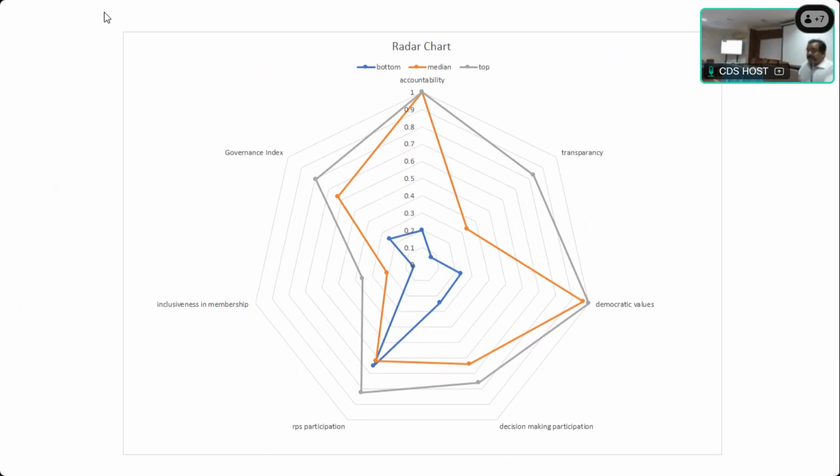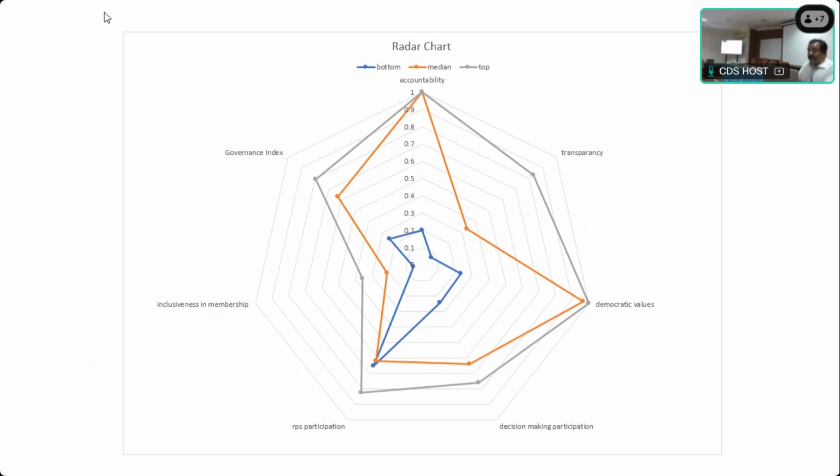And as you can see, the largest weakness for the topmost, the best RPS in this particular indicator, is in inclusiveness, and a little bit in transparency. The general governance index is falling basically because of inclusiveness and transparency, but otherwise most of them are strong.